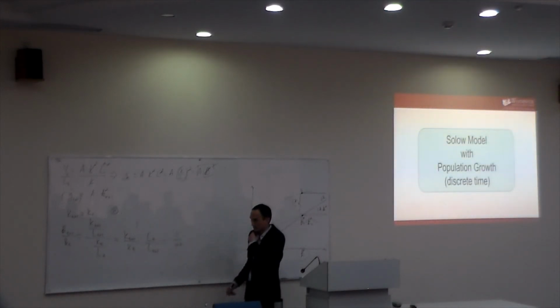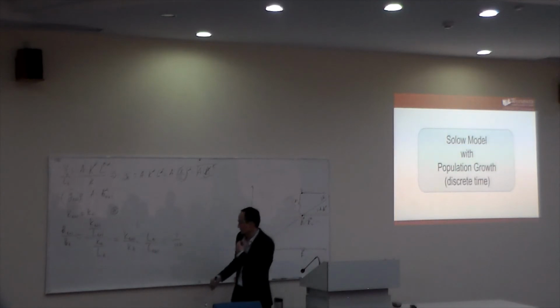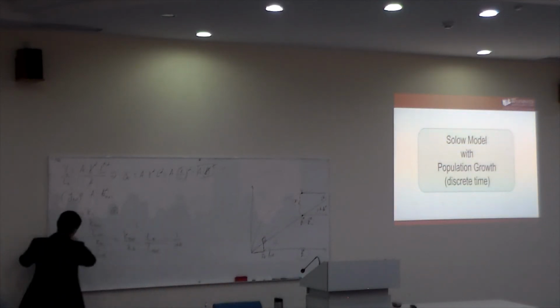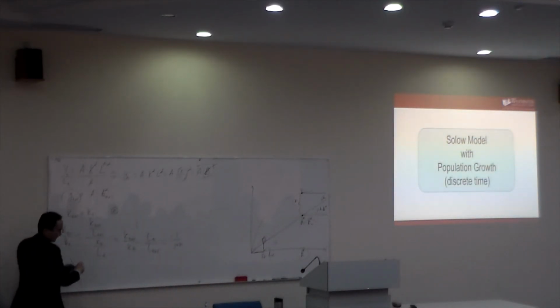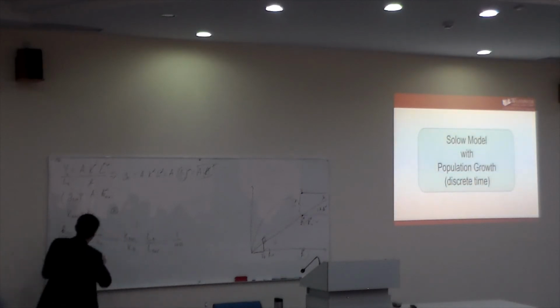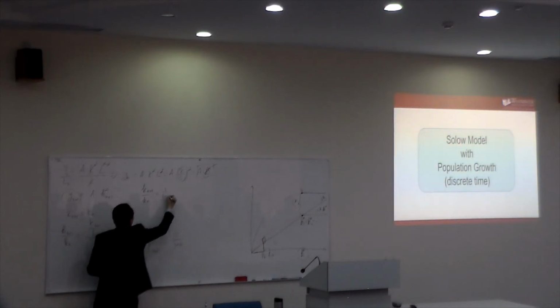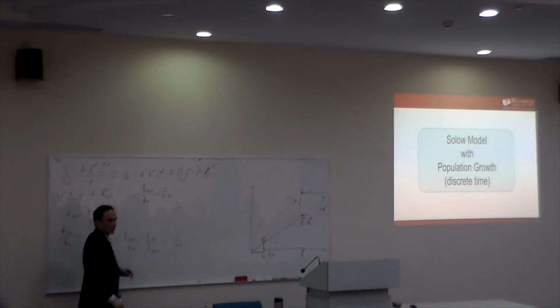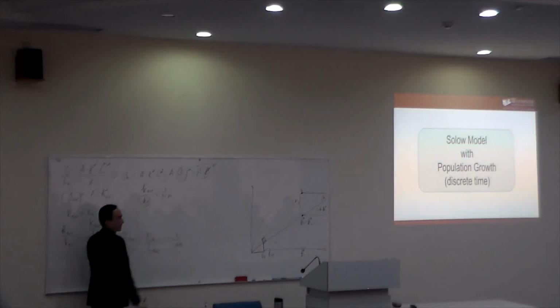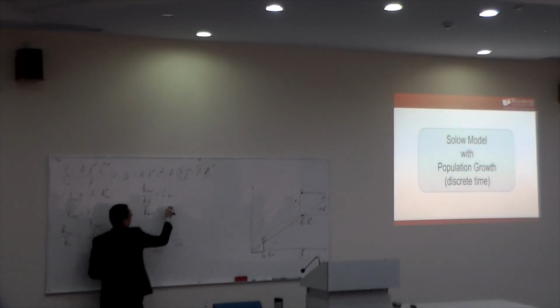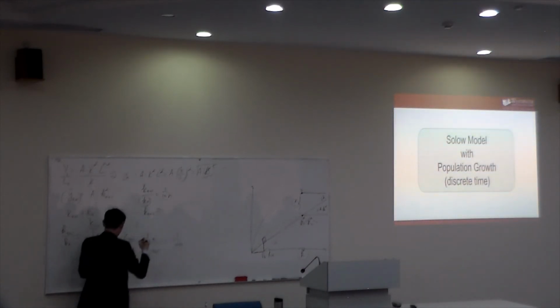1 plus n. Okay. So if it's the case, we got capital t plus 1 over capital t is equal to 1 over 1 plus n. So multiply both sides by k t, per capita, which will give us per capita capital t plus 1 is equal to, oh sorry, it's plus, yes?